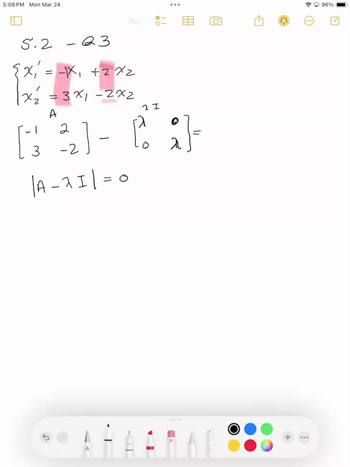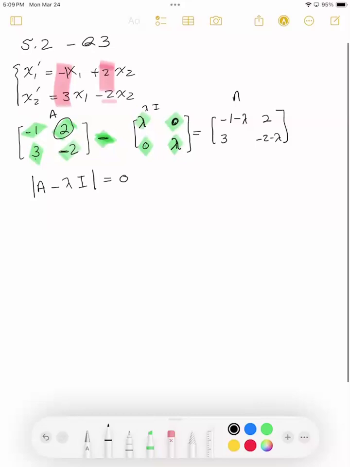Then you're going to subtract. When you're subtracting two matrices, you go -1 minus lambda. Then you go 2 minus 0. 3 minus 0. -2 minus lambda. So we get -1 minus lambda. 2 minus 0 is just 2. 3 minus 0 is 3. -2 minus lambda.